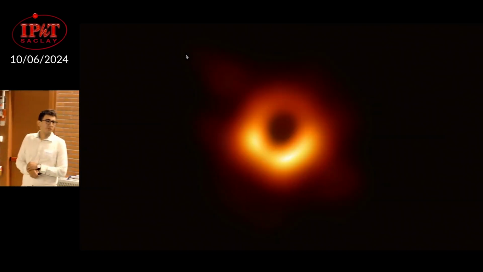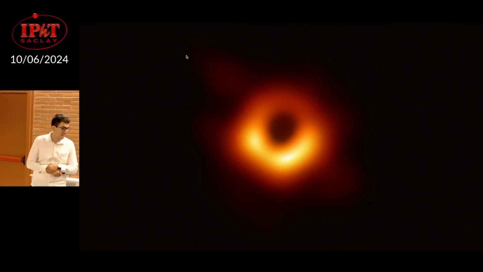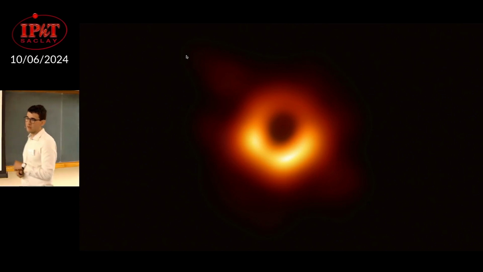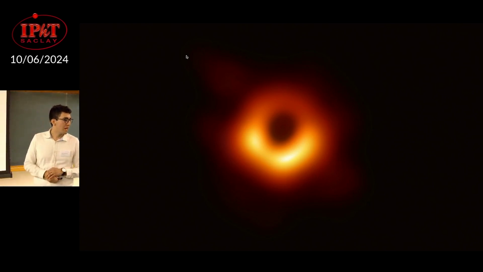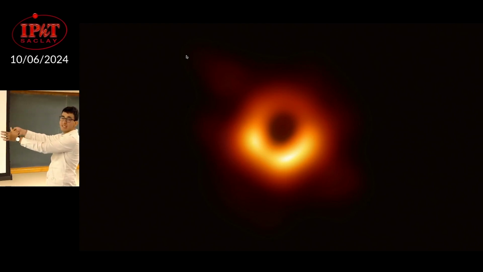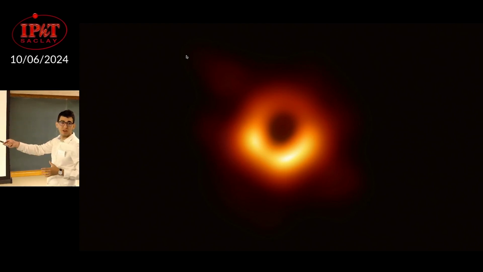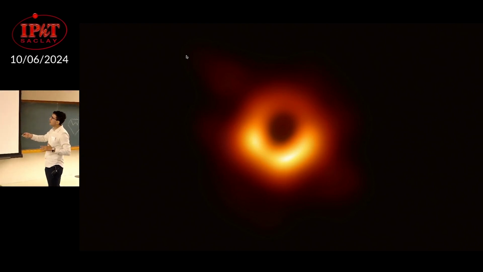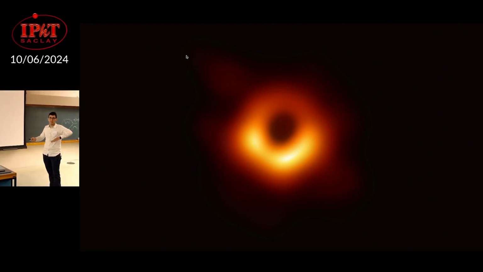Good. I don't know if you have ever seen this picture. Daniel was mentioning, you look at this and you say, can you do better? What would the high-resolution image look like? But in fact, even this blurry image has a lot of information already. For example, you see this brightness asymmetry. It also has a flux depression that we can measure, and we know it's actually the background. We don't have a very high dynamic range, so we know this is not actually no light. There is some light, but because of the resolution of the instrument, we know there is like a 10% floor.